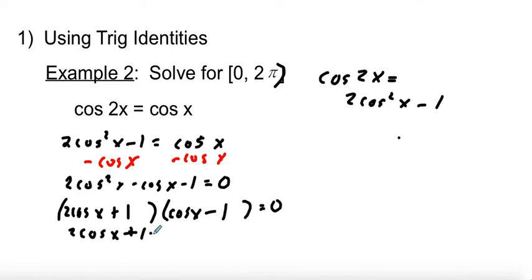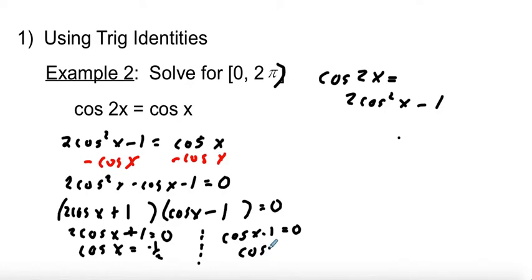So I'm taking each of those factors now and setting those equal to 0. On the left-hand side, I can subtract 1 and divide by 2. And over here on the right-hand side, I can just add 1.